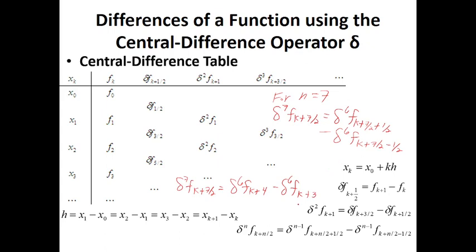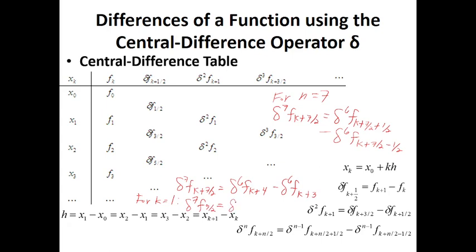So this is now the formula. If for instance k is 1, so that is delta to the power of 7, so 1 plus 7 over 2, that is 9 over 2. Okay?